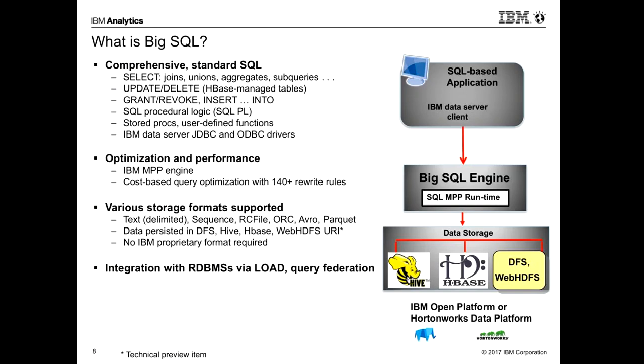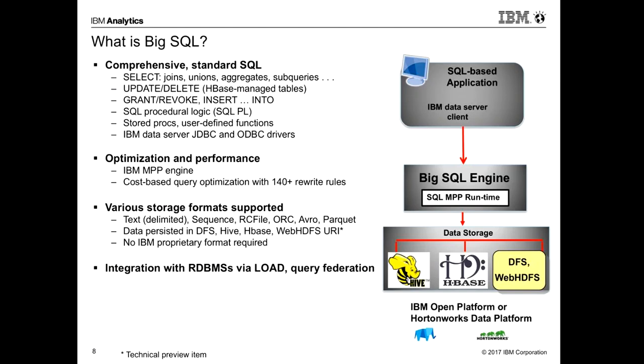So IBM Big SQL is our SQL on Hadoop component. It's designed to provide those who query data using SQL with an easy on-ramp for accessing data managed by Hadoop.